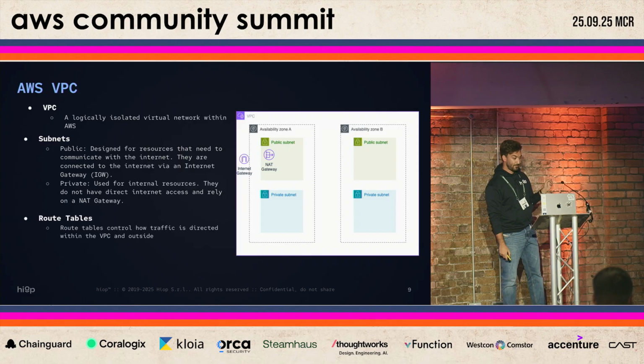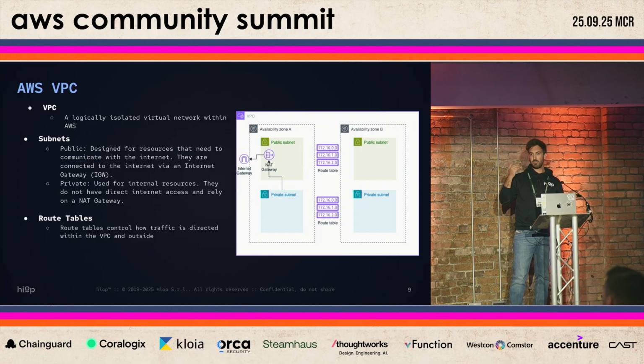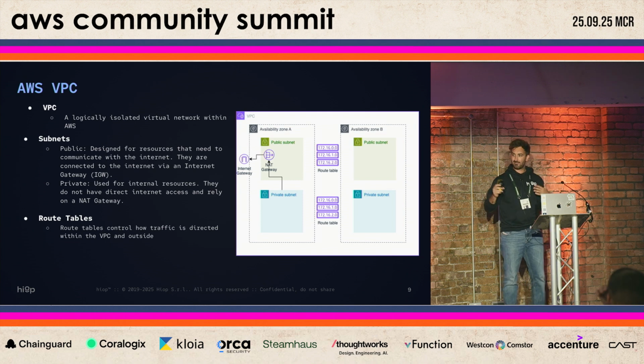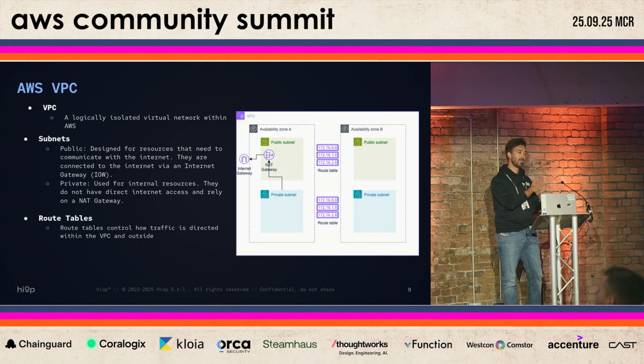Another important concept in the VPC is the route tables, which are just like a table where you define the routes of your network traffic. Basically, in this example you are saying that from the private subnet, when you are going to 0.0.0.0/0, go to the NAT gateway, which then redirects the traffic to the internet gateway, and you can go on the internet.